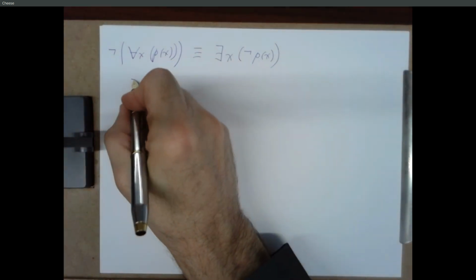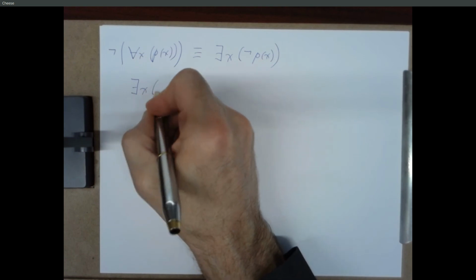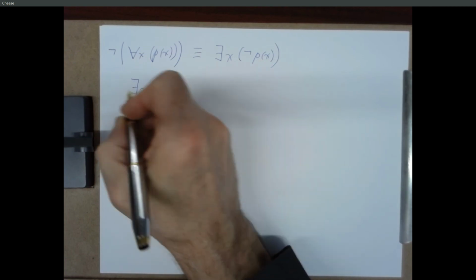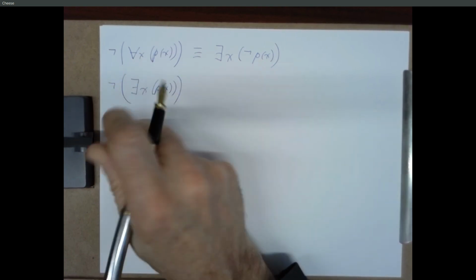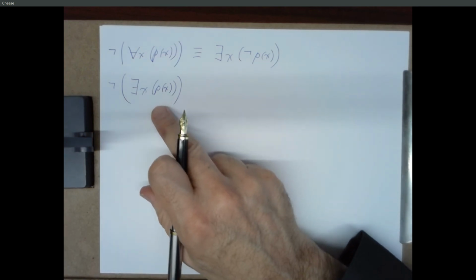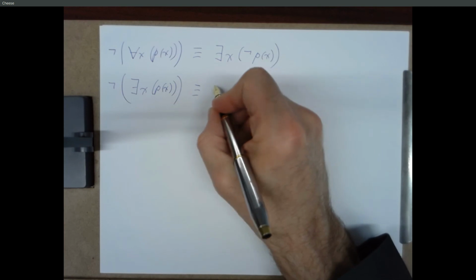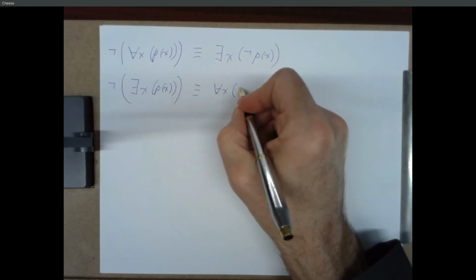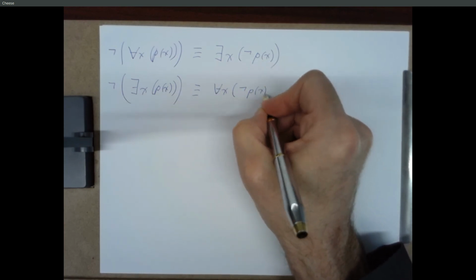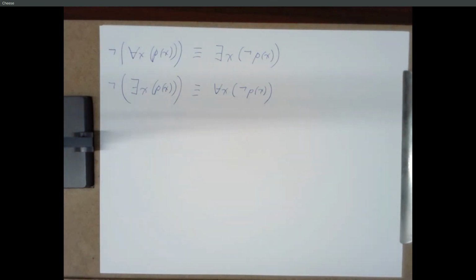And we can go in the other direction. The negation of there is an X such that P is true, well, the opposite of that is for all X, P is false, or not P is true.